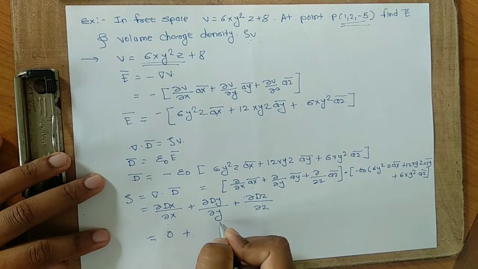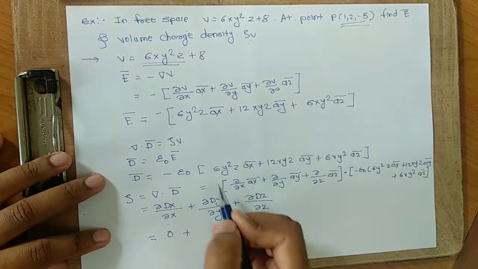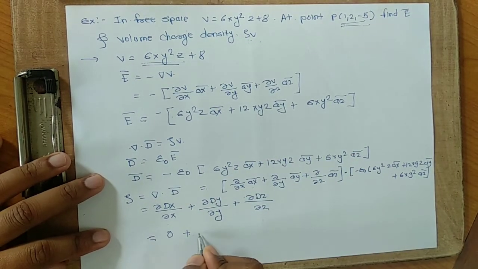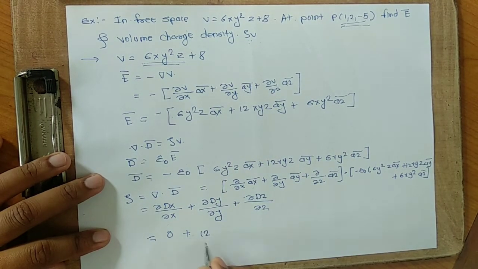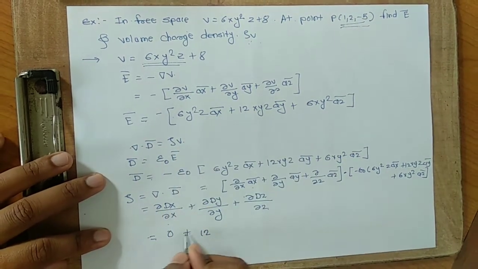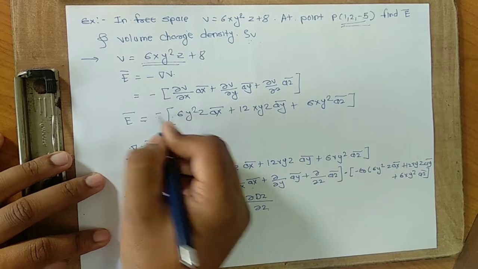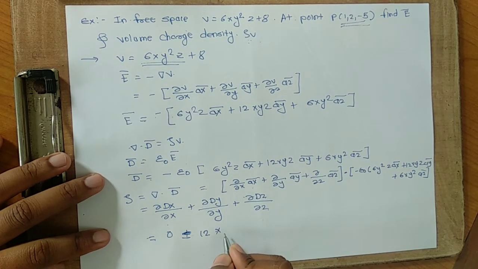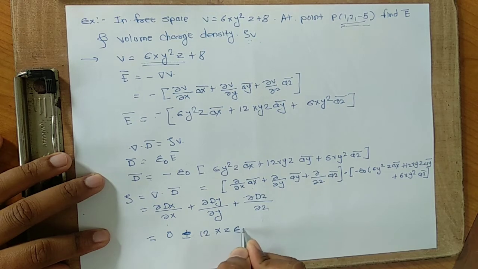For the y component, with respect to y you have to differentiate the y coordinate. So 12xz, and this minus sign you have to put inside: minus 12xz epsilon 0.